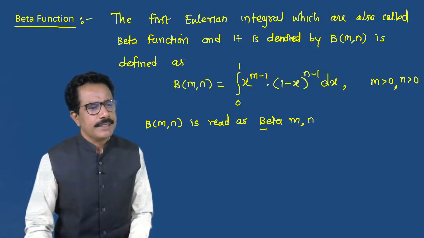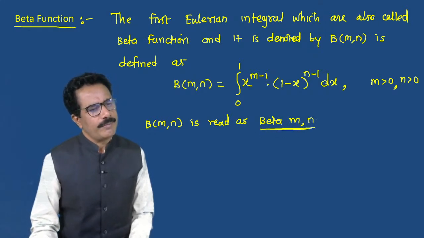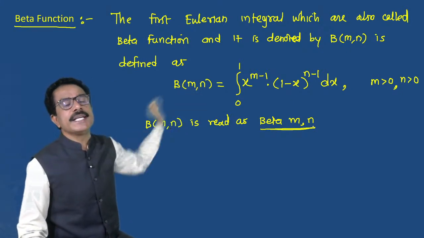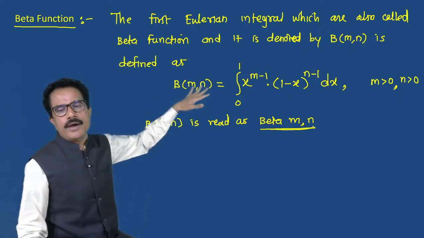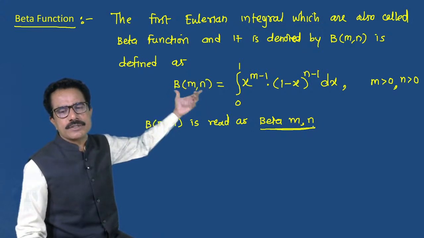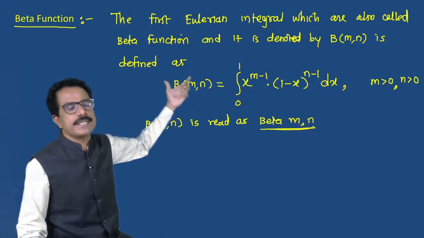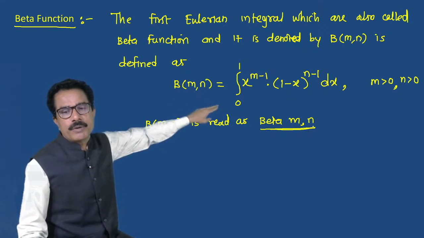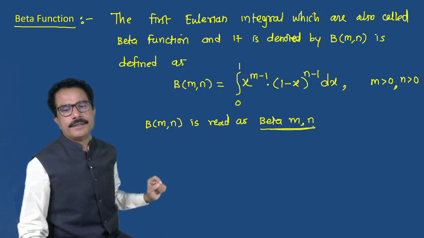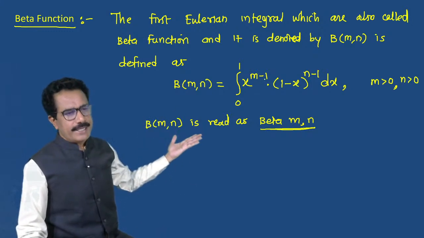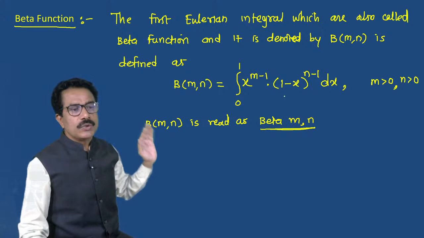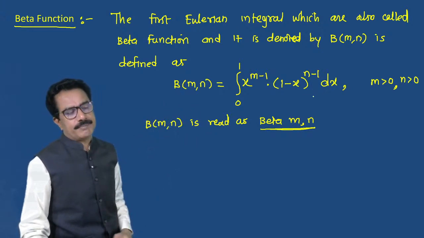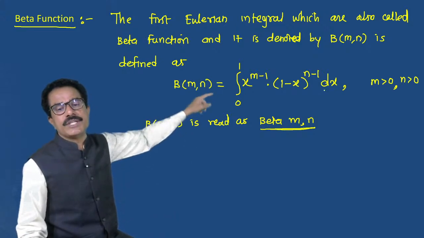Now this is actually the Eulerian special integral, also known as the beta function, but its limit is from 0 to 1 of x raised to m minus 1 into 1 minus x raised to n minus 1 dx, that is integration with respect to x.